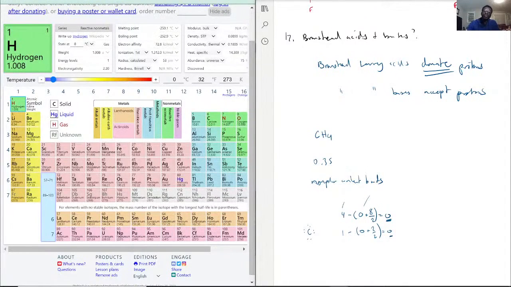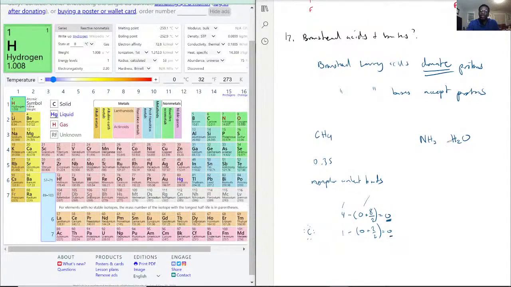Now, with that being said, there are some things that are okay with breaking that rule to get bonds, okay? Perfect examples are NH3 and H2O, okay? These are examples of both technically Bronsted-Lowry acids and bases.